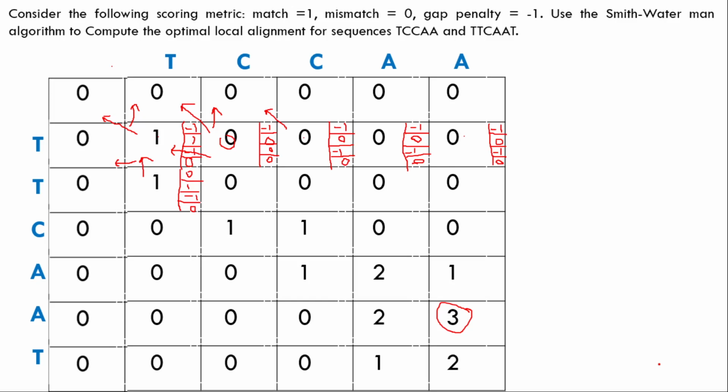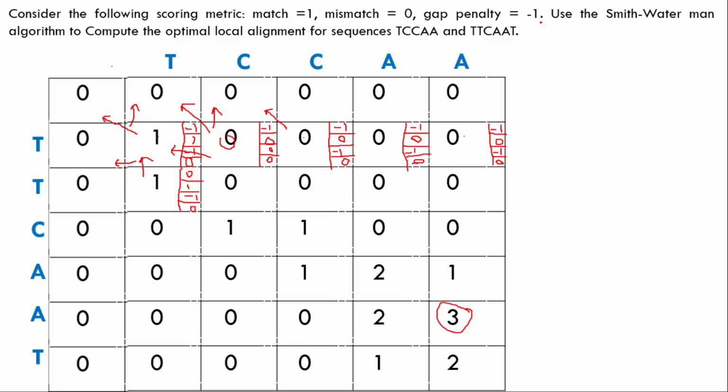Now, as you remember, I told you to try to guess what was the origin point of this 3. So how to guess it? If it was originated from 1, in the upper cell, we add the value of gap penalty.